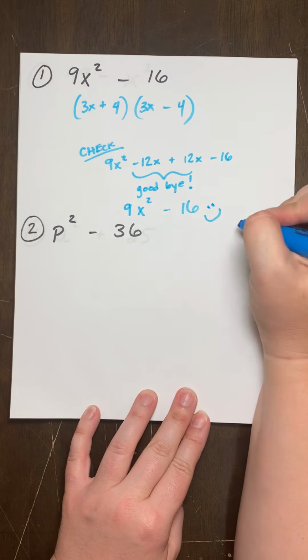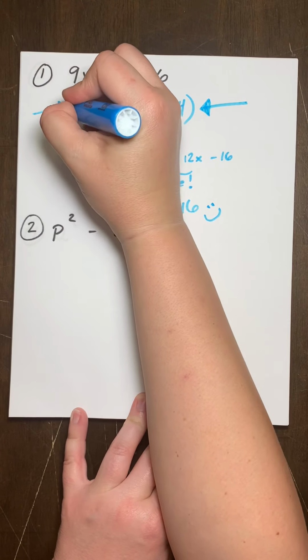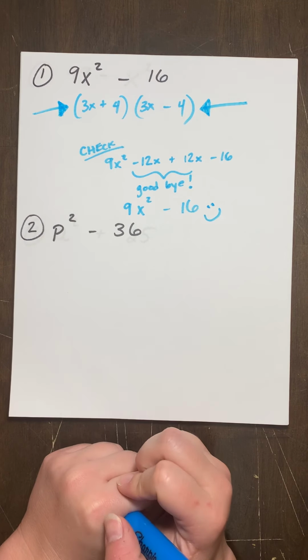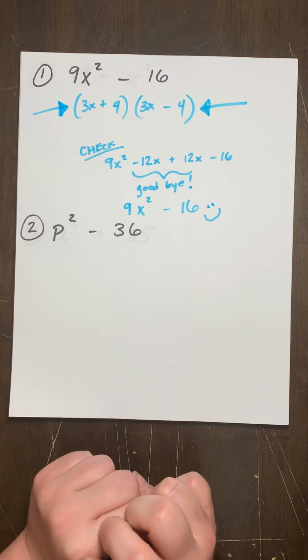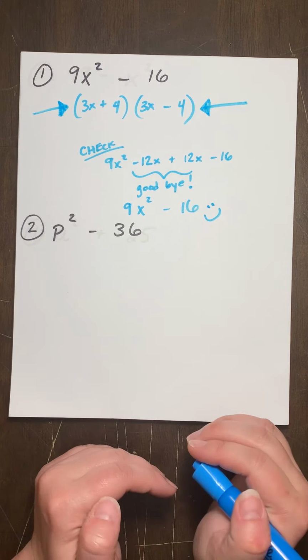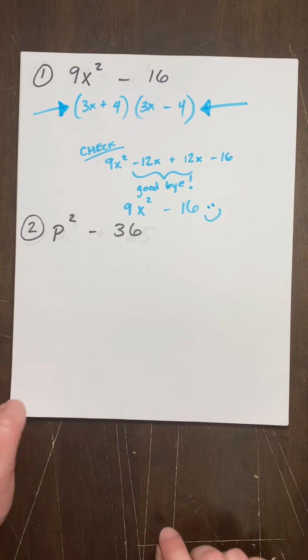The check works. That is my answer. That's it. It seems pretty straightforward. It is fairly simple, but it can get tricky. Stay with me. This can get a little bit tricky as we go on.